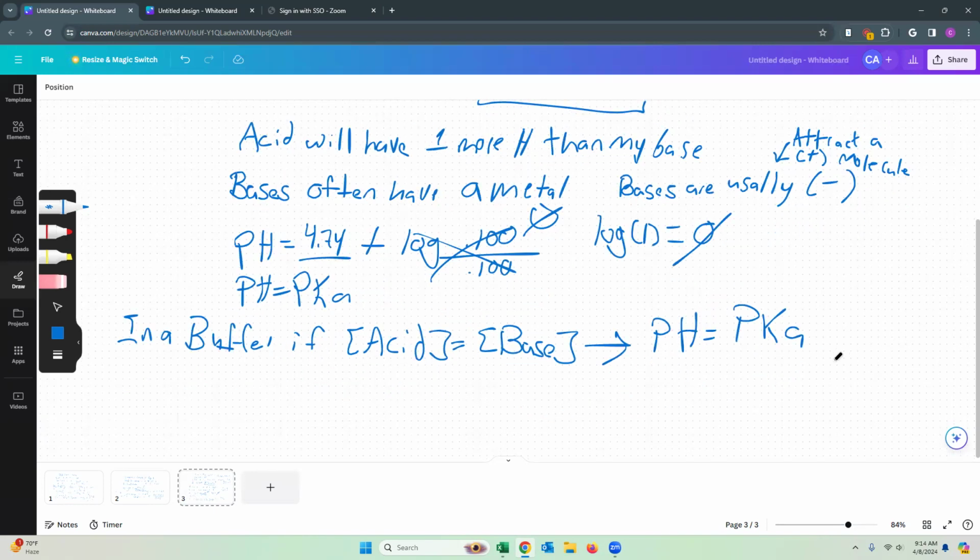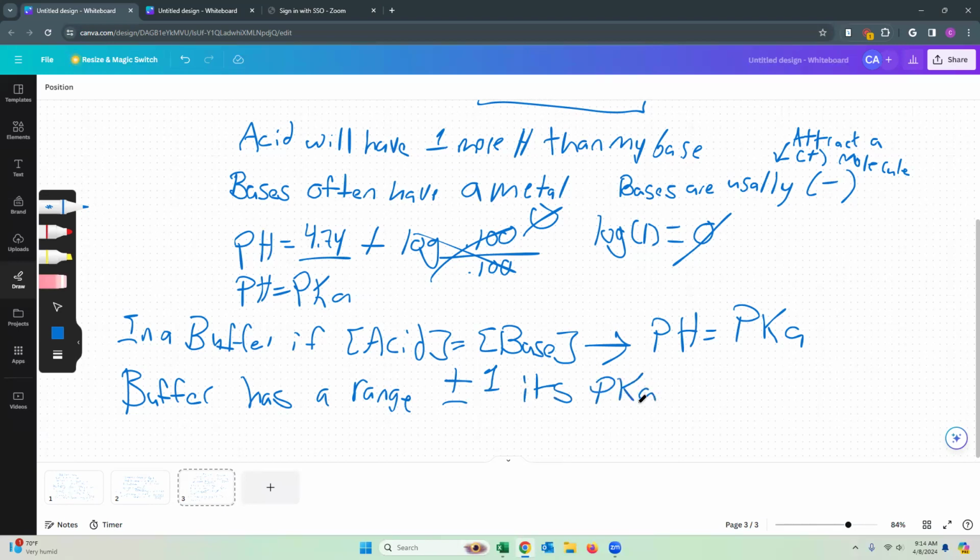Also, for buffers, some other information: a buffer has a range of plus or minus 1 of its pKa. What does that mean? Well, the pKa of my buffer is 4.74 in this example.